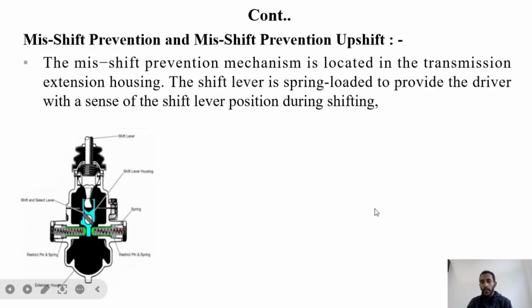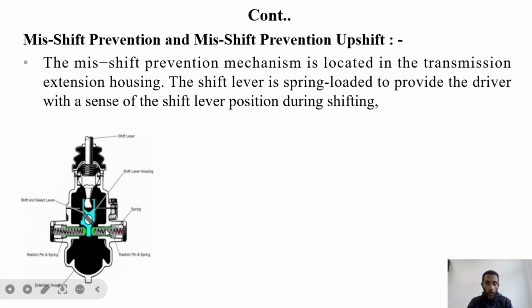Okay. In the next part, we call this misshift prevention. The first part is the misshift or shift lever system. It always returns the gear to neutral. If you observe, when we move the selector lever, we always obtain the neutral position. It is done by these two springs and these bolts.